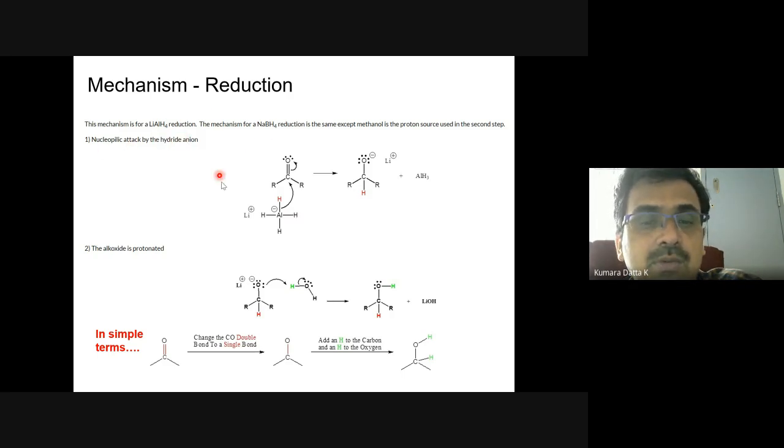Let us see how lithium aluminum hydride reduces, and how the hydride ion is produced. The first step is nucleophilic attack by the hydride ion.